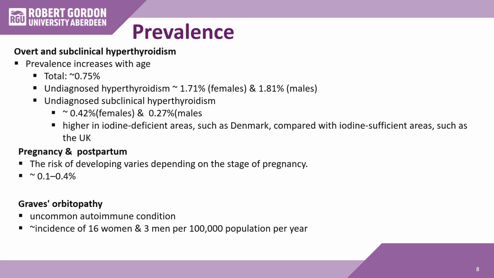Pregnancy is also a risk factor, and around 0.1 to 0.4% of patients can be affected. Graves' orbitopathy is uncommon and it's an autoimmune condition. And the incidence is again higher in women compared to men.